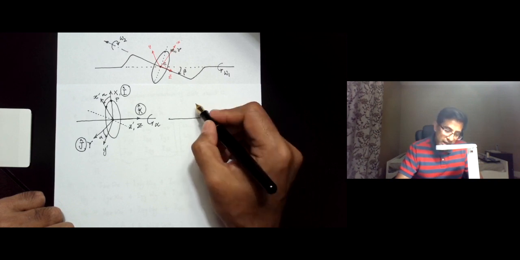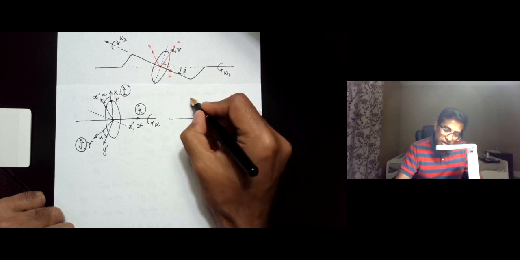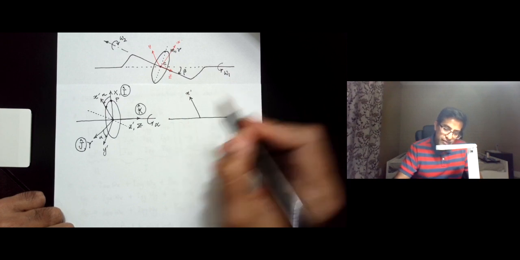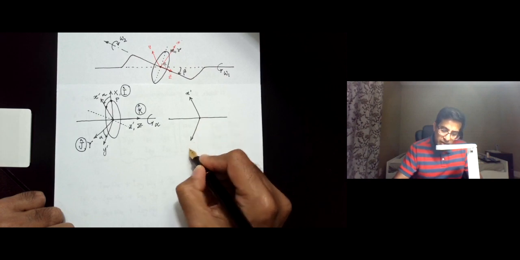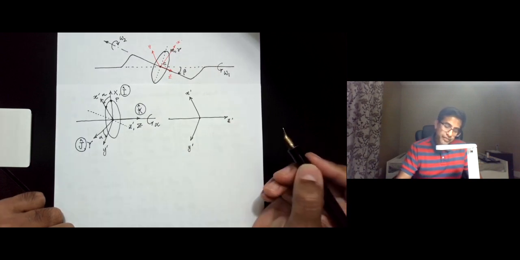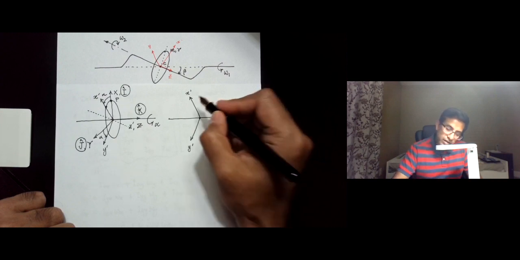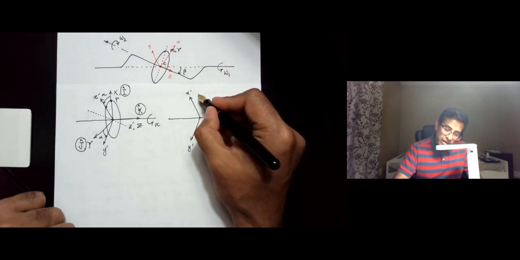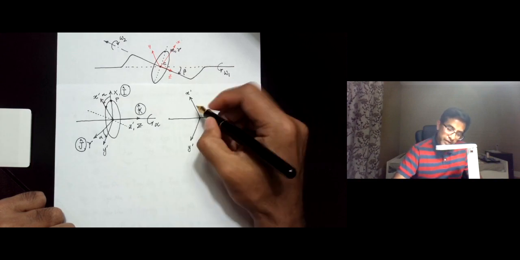So let's say that this was your x prime, this was your y prime, and that is z prime. Now what you have done is you have turned about the y-axis but in the negative y prime direction.